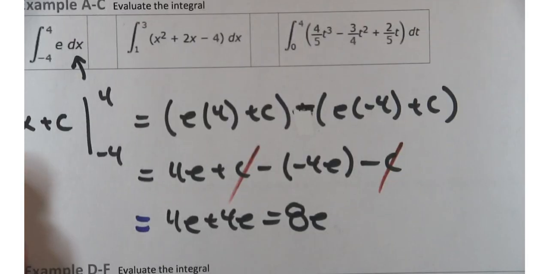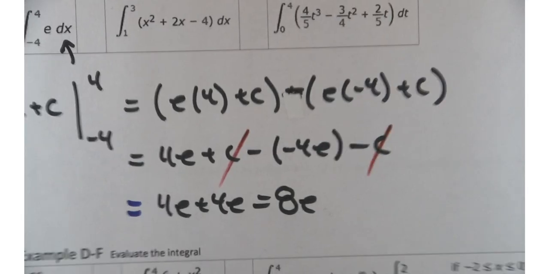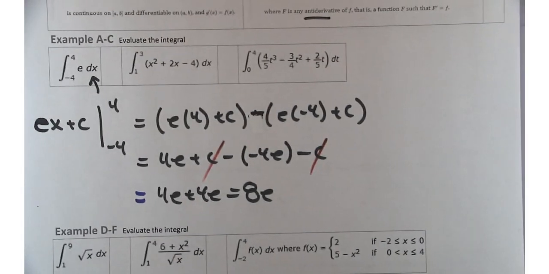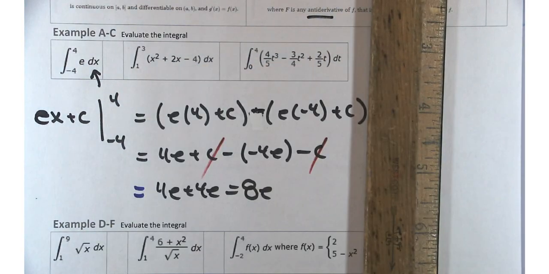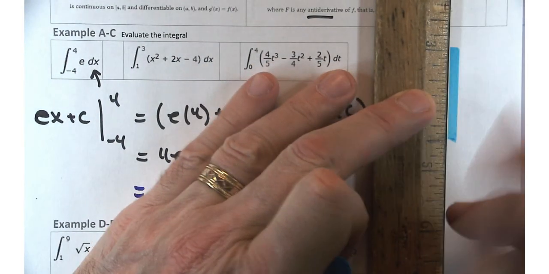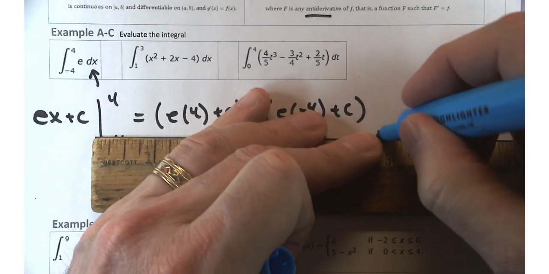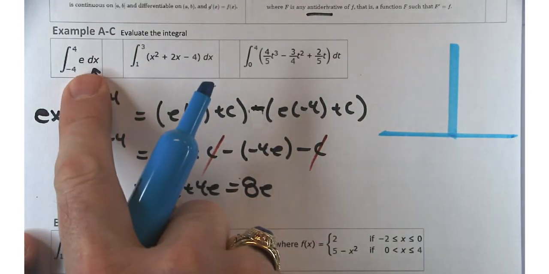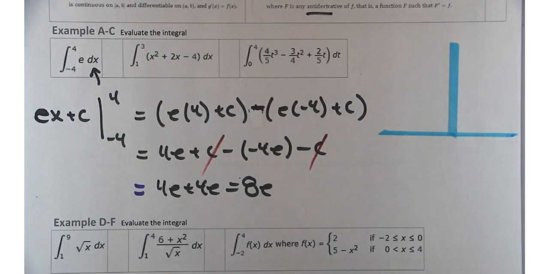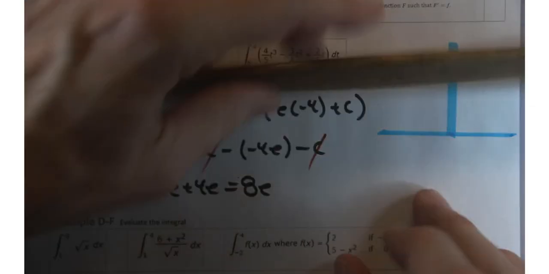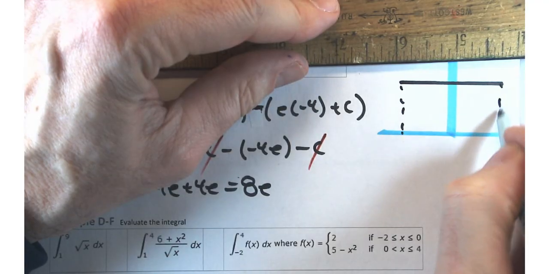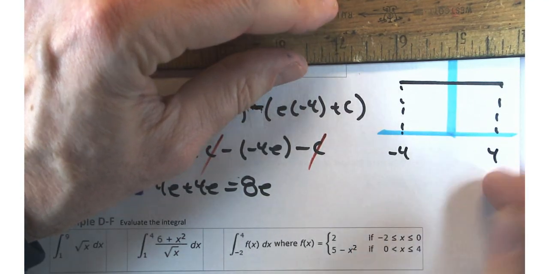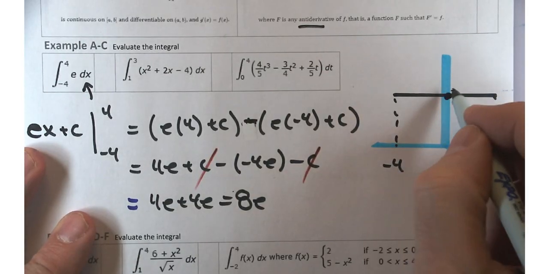And if you look at the graph of this and try to make sense of it graphically, I think this actually works out pretty nice. Let's draw this real quick. So let me draw that function. e is just going to be a constant function, so it's going to look like this, from -4 to 4, with a height of e.